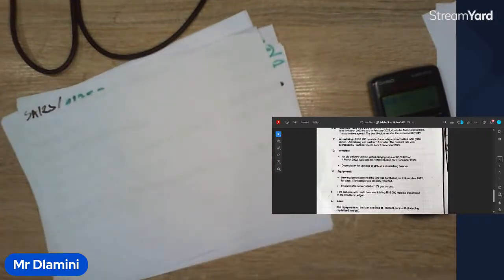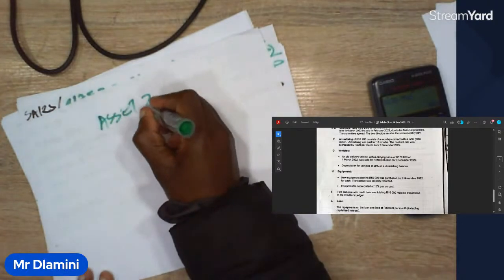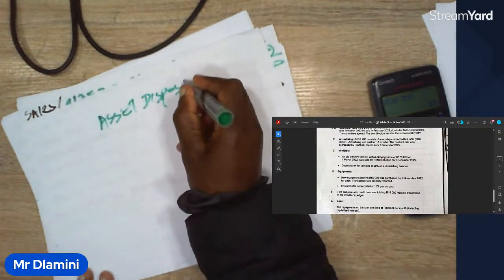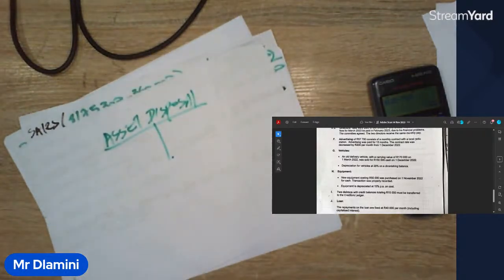In the asset disposal account, firstly look at adjustment G, where they're talking about selling of the asset. An old vehicle was sold with the carrying value of what?